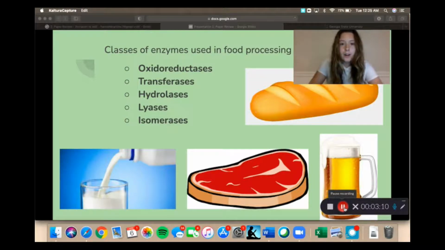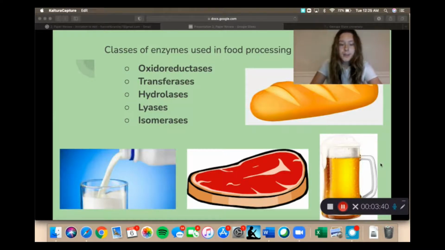Enzymes that are oxidoreductases include glucose oxidase, lactases, and lipoxygenase. Glucose oxidase plays a role in dough strengthening. Lactases play a role as a flavor enhancer, and lipoxygenase also plays a role in dough strengthening and bread whitening.